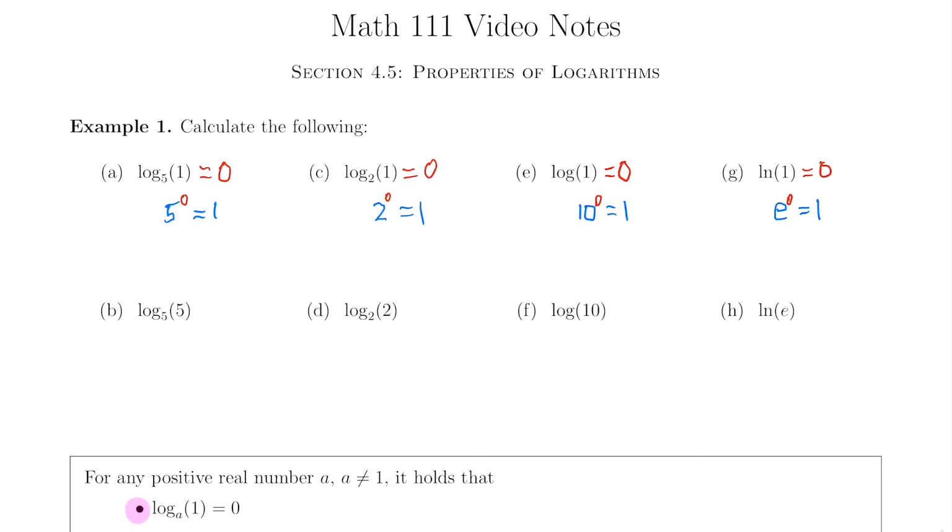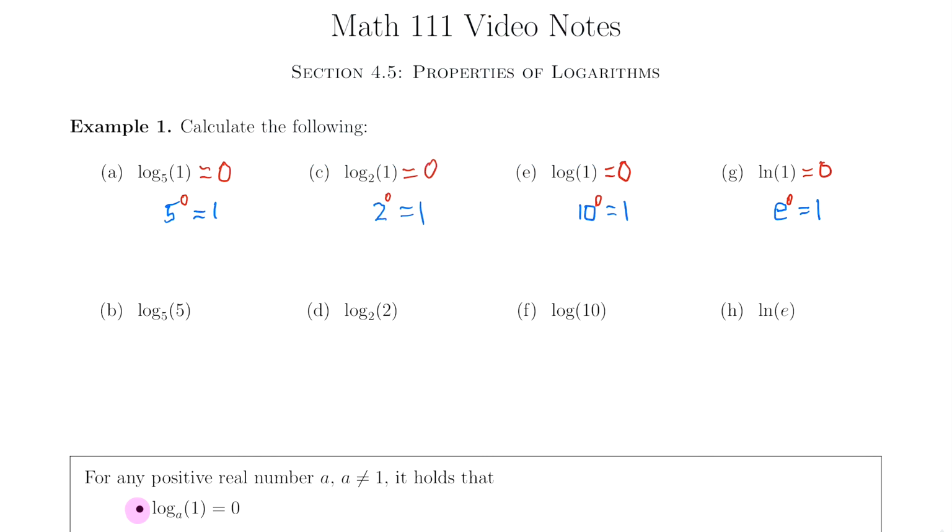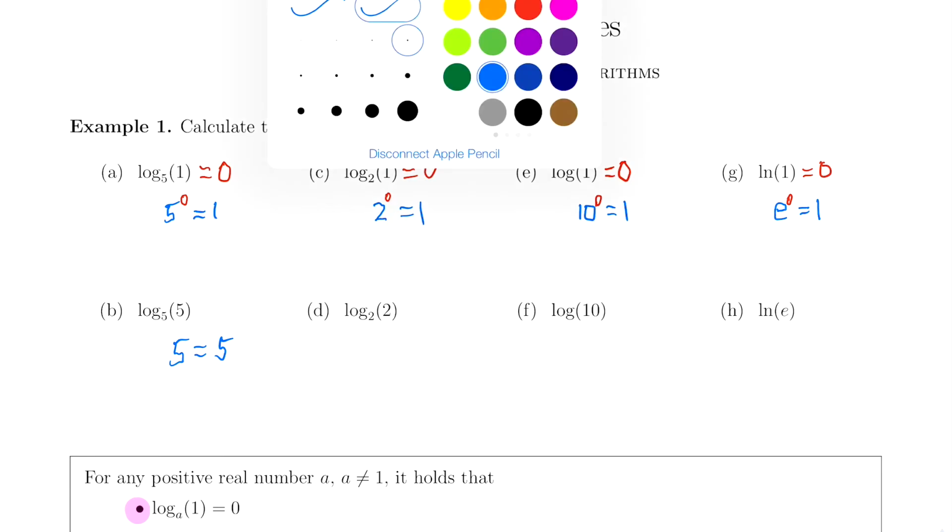Now let's go on to the next row and see what we find here. Again we take our base 5, and we ask ourselves, to what power do we have to raise our 5 in order to get 5? The same number. Well, you know that already.